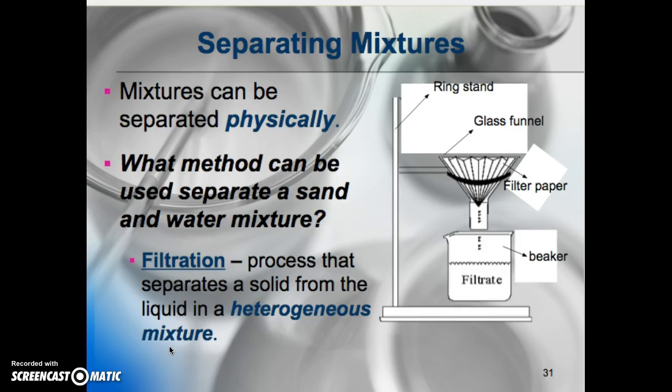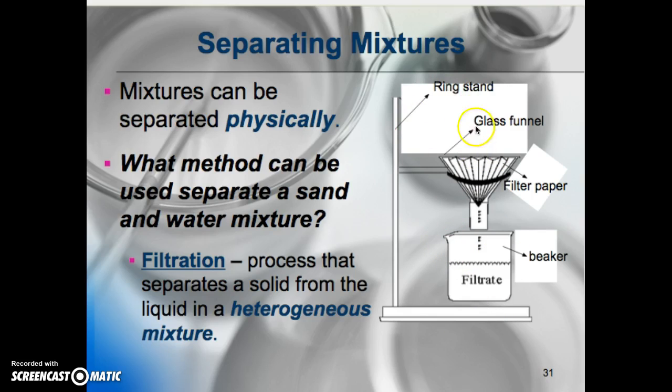The first method is called filtration. Basically what you do is you take a filter and put it into a funnel held in an iron ring, and you pour your solution into the filter paper with a beaker on the bottom.